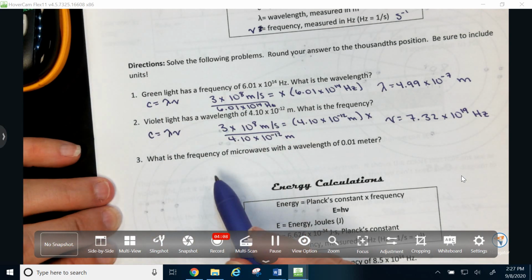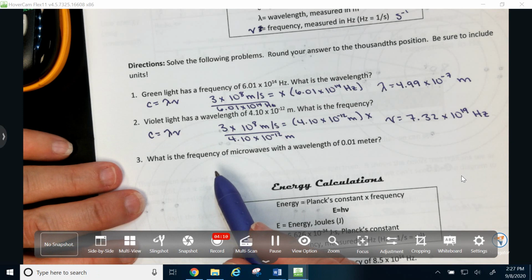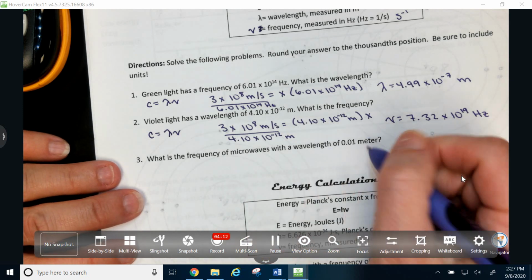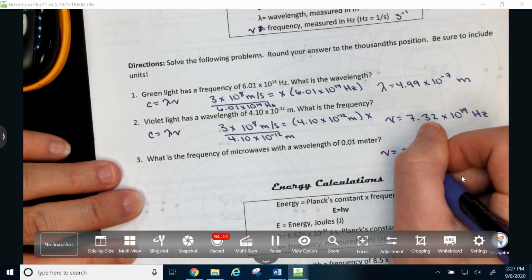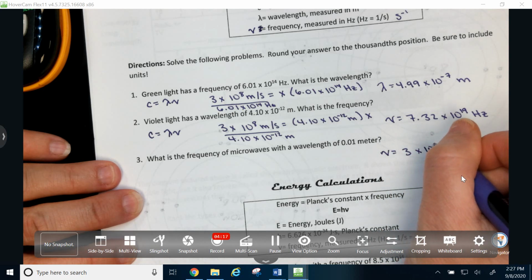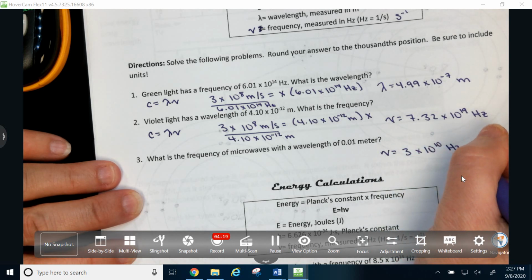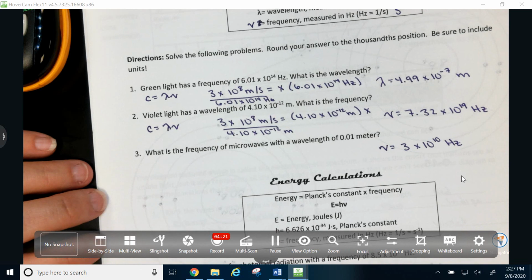Okay? Give number 3 a try on your own, because we want to make sure you can use your calculator correctly. You should be getting a frequency of 3 times 10 to the 10th. So if you don't get that, make sure you reach out and let me know.